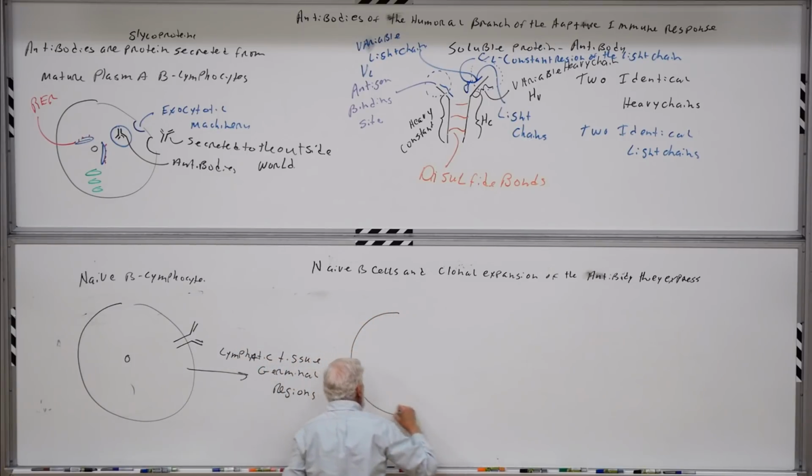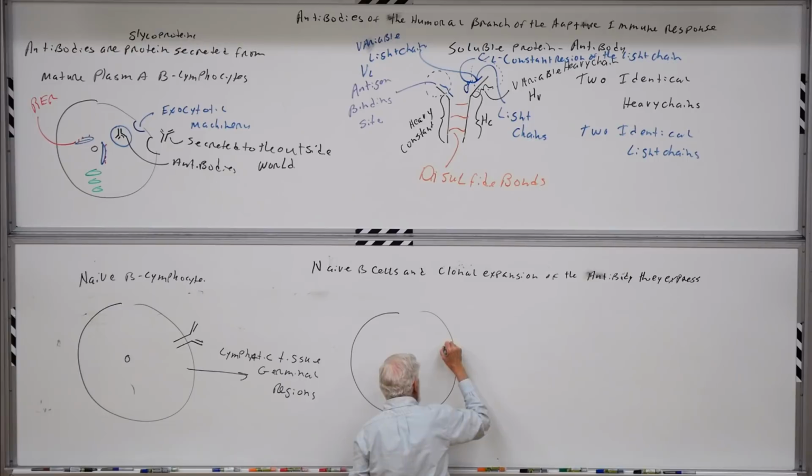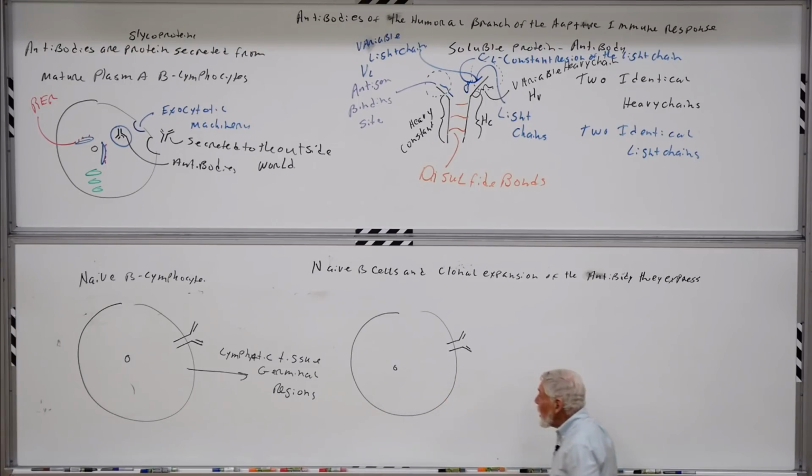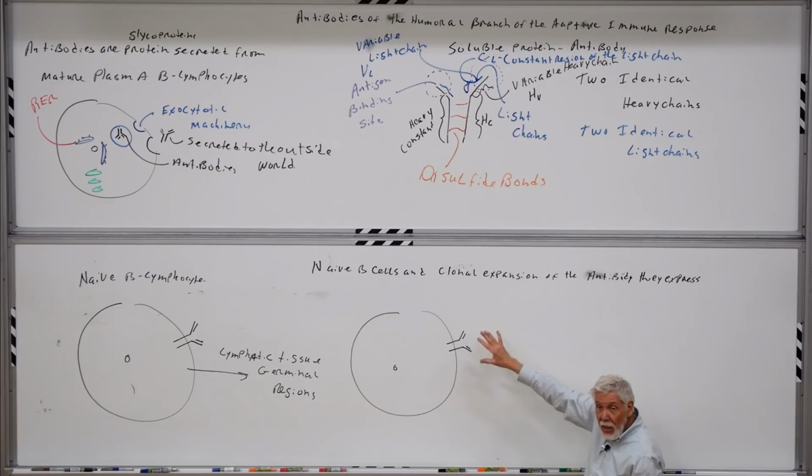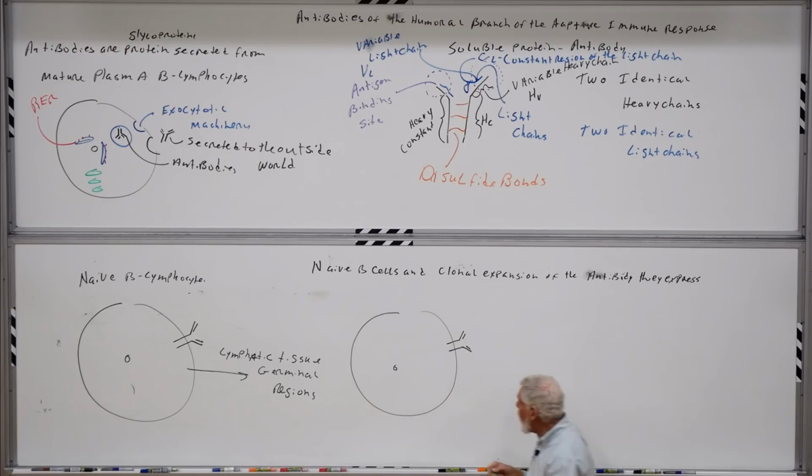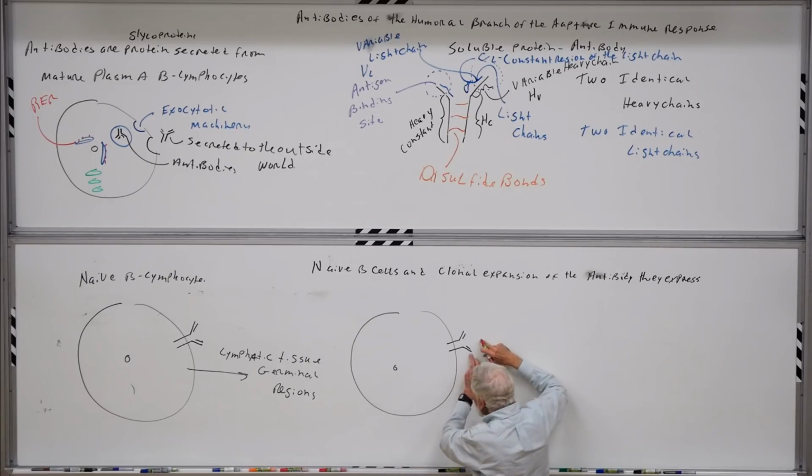This naive B cell then, in the germinal regions, will have on its surface these antibodies. These antibodies are just a random shape. We just pretty much selected them randomly from that rematching of the genes we talked about a moment ago. Then these cells have a three-dimensional shape on this.